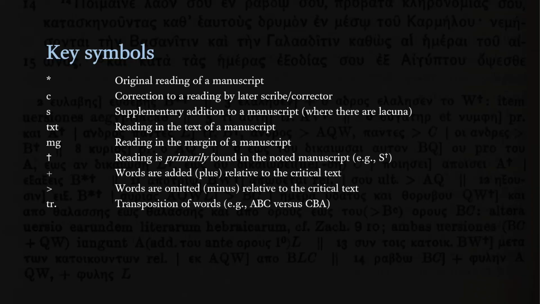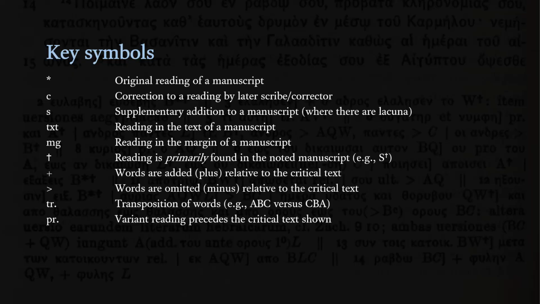Next, you have TR with a period. That is an abbreviation for a transposition of words. That's when words are rearranged. So instead of perhaps the wording ABC, it'll instead be CBA or something along those lines. Next, you have PR, and that means that whatever the variant reading that we're talking about, could be adding an article or something like that, precedes the text in the critical edition.